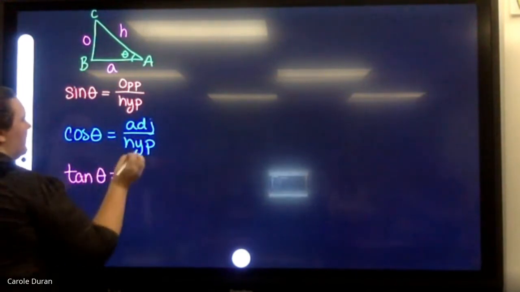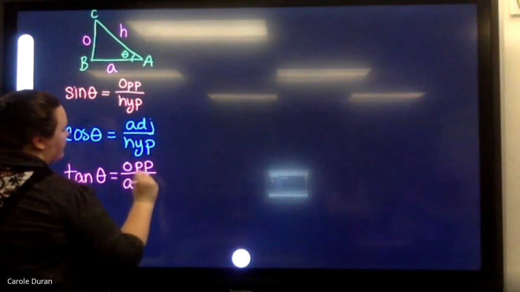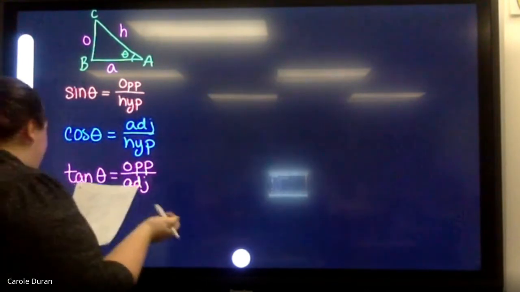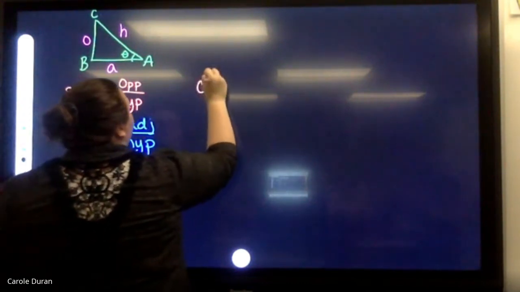Tangent then is equal to my opposite side over my adjacent side. So everywhere you see an opposite or an adjacent or a hypotenuse, we're just plugging in the length of that side. Of course, each of these three has a corresponding secondary trig function. So sine's corresponding secondary trig function is cosecant.